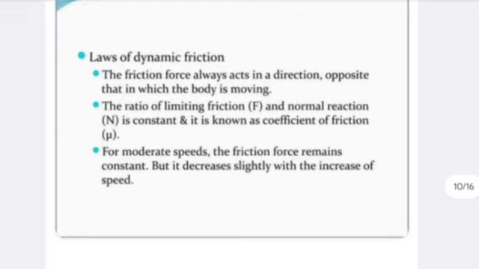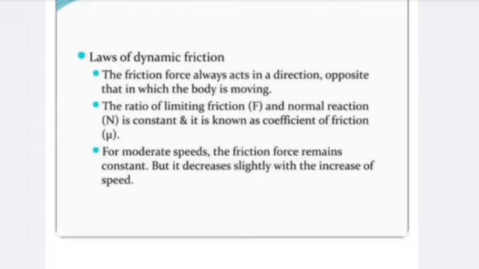Next is laws of dynamic friction. The friction force always acts in a direction opposite to that in which the body is moving. जब कोई भी बॉडी मूव करती है उसके ऑपोजिट फ्रिक्शन फोर्स अप्लाई किया होता है.